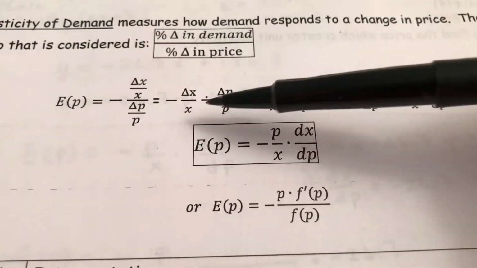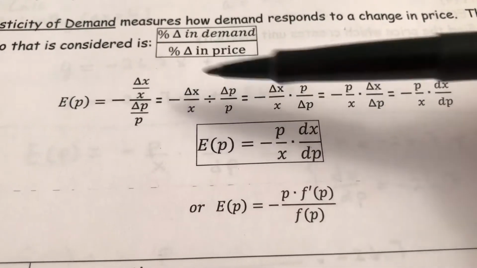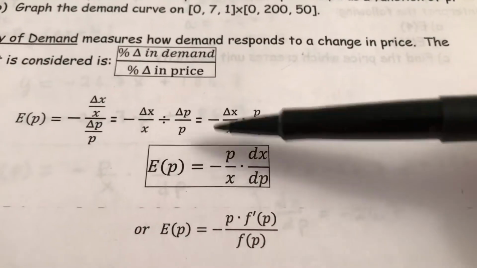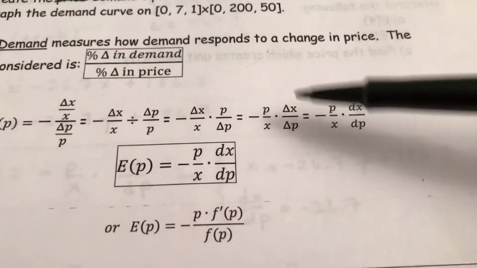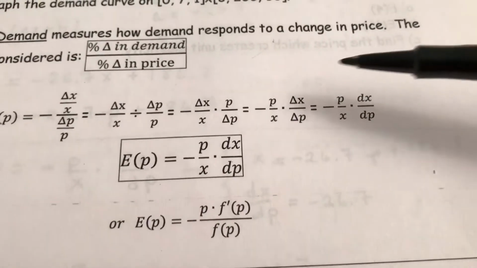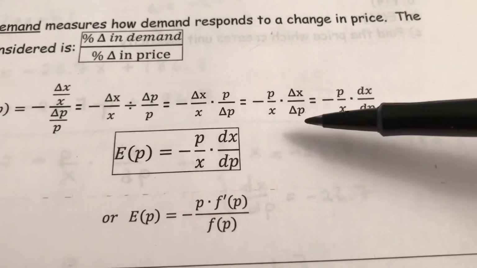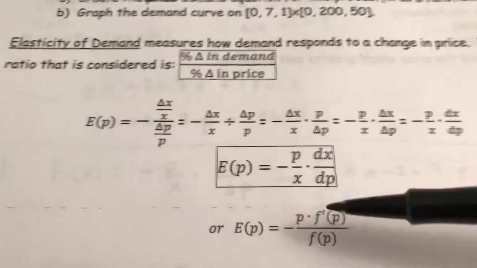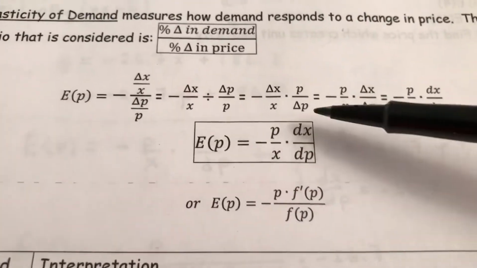And now all we're doing is taking this fraction, dividing by that fraction, which is that fraction multiplied by the reciprocal of that fraction, and then a little rearrangement of variables. And we've got delta X over delta P, then we pull in our calculus, and voila, here's the drum roll, please.